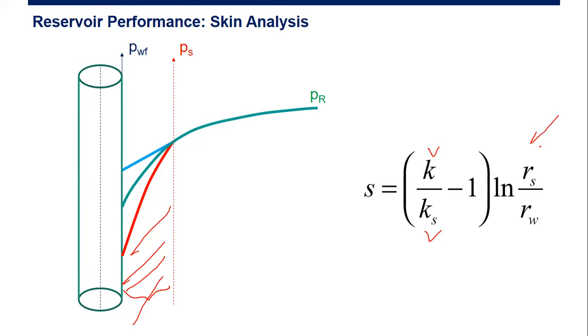So now we can know the skin factor. And from knowing the skin factor, we can know the severity of formation damage. How bad is the formation damage? And if we know the skin factor, now we can design the well stimulation job.